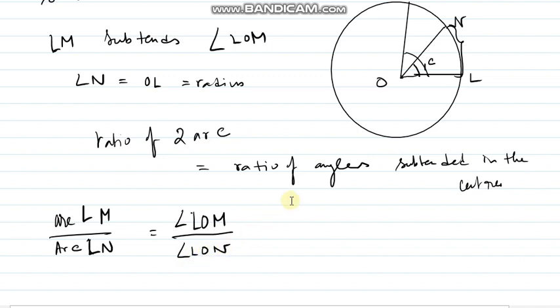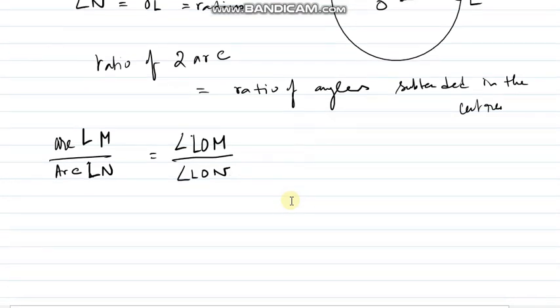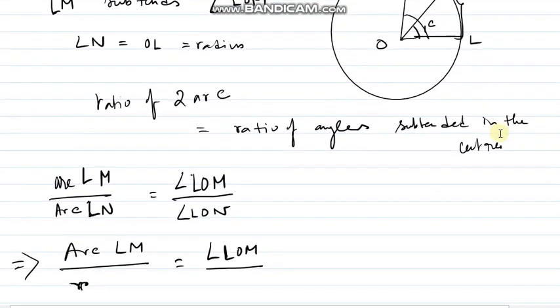Now what is arc LN? The length of arc LN is the radius OL. If I substitute the radius r, arc LM divided by r equals angle LOM divided by angle LON, and we know angle LON is 1 radian.